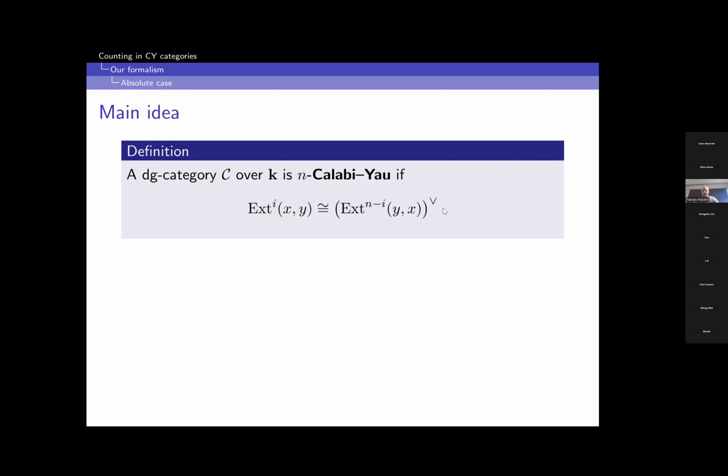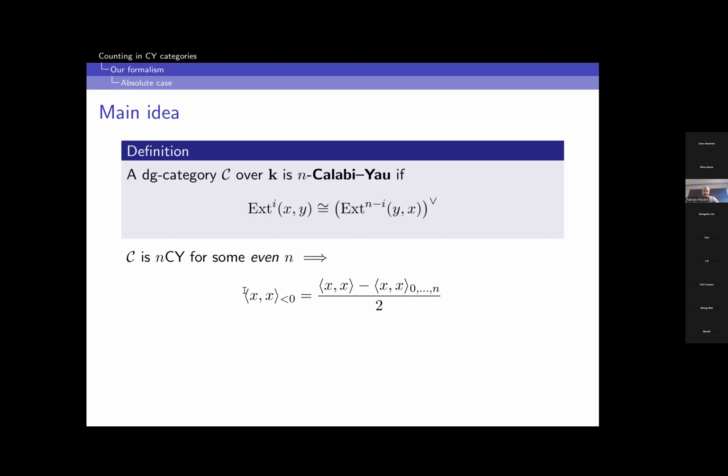So Ext^i from X to Y should be dual to Ext^(n-i) from Y to X. Examples are the category of coherent sheaves on some Calabi-Yau variety, in particular an elliptic curve, the example I mentioned as motivation. But now we want to assume not that it's odd, but that it's even dimensional Calabi-Yau.